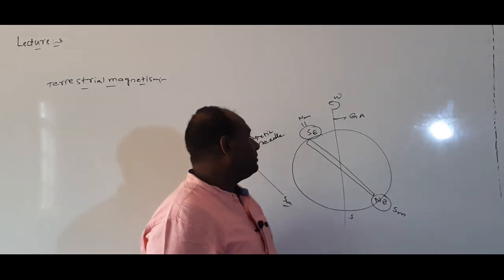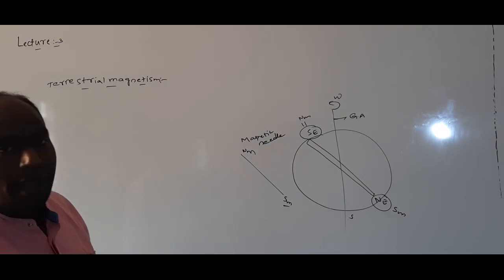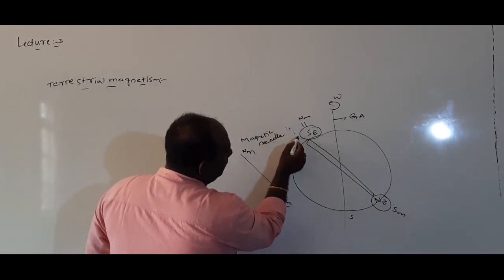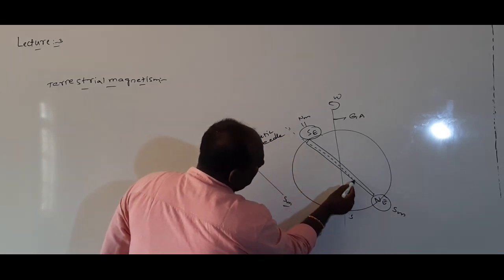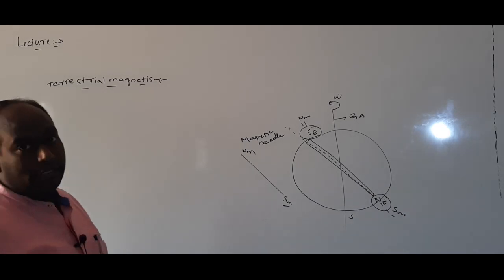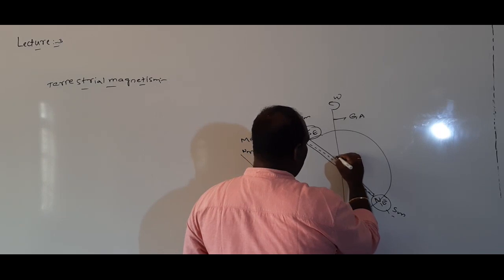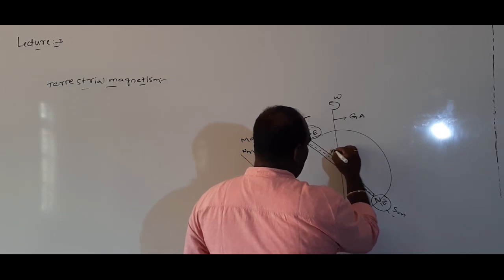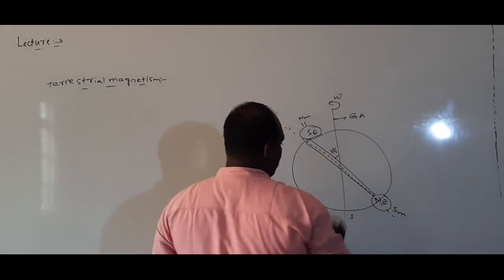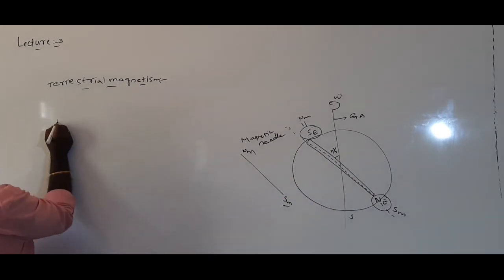So don't get confused. Here a line passing through magnetic south and magnetic north is known as the magnetic axis. I will write the definition of magnetic axis.